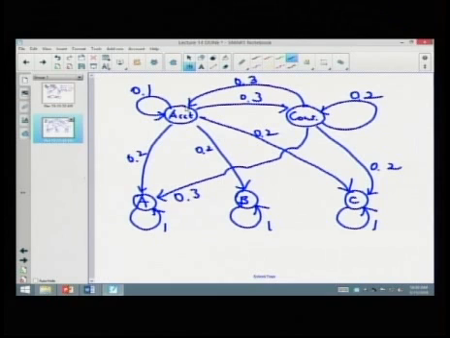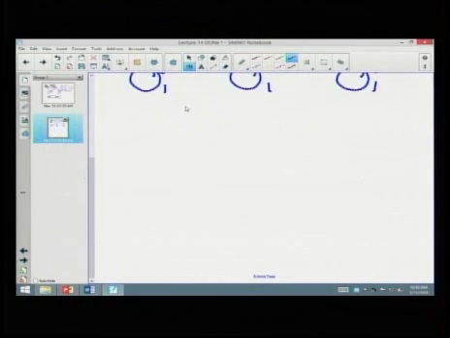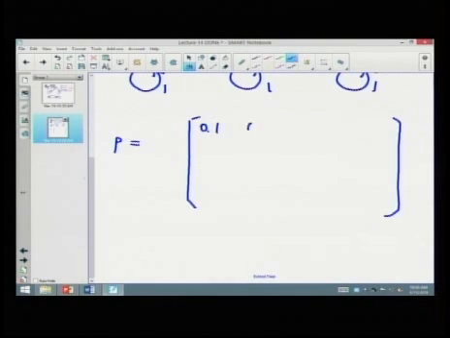Based on this transition diagram, we should be able to construct the one-step transition probability matrix. Let's call it P. Then we're going to have a 5 by 5 matrix. This is going to be 0.1, 0.3, and then 0.2 each.